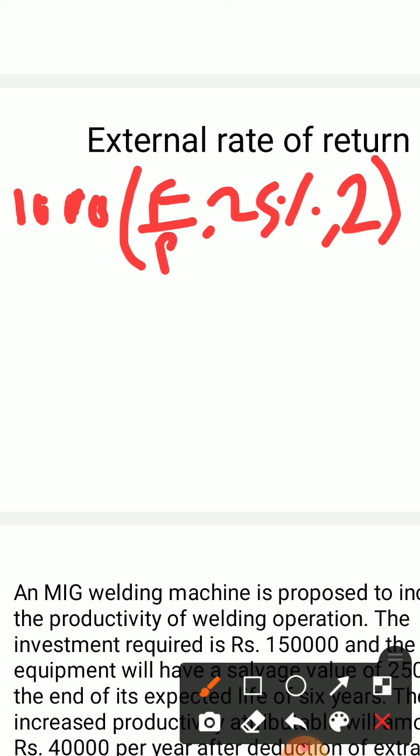So 1,000 is invested for a period of 2 years with interest rate 25%, and this F by P represents the single payment compound amount.